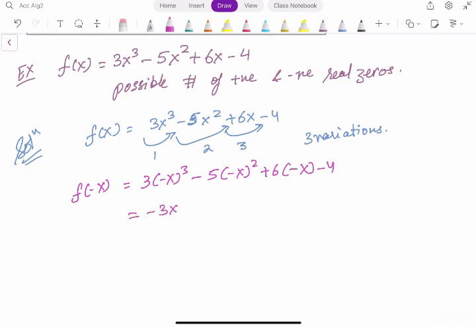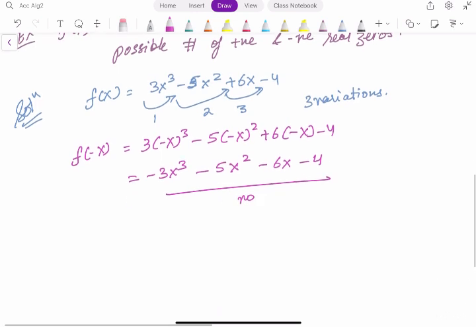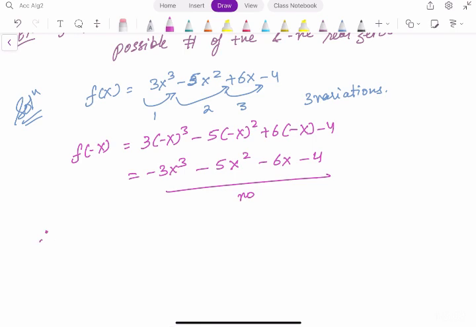If you clean this up, all the terms are negative, so there is no variation. We are not looking for any negative real zeros. We are only looking for positive zeros.